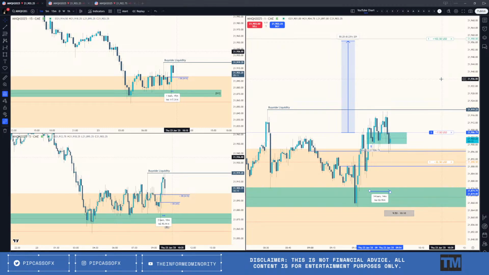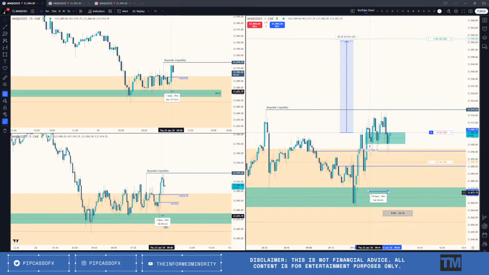That's not characteristic of most of my trades. Usually they're not in drawdown for this long. But again, this is trading. This comes with it.